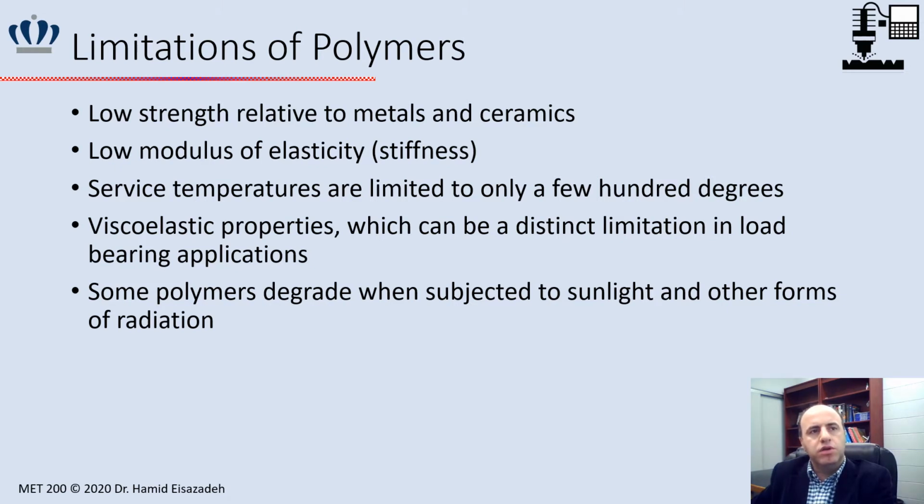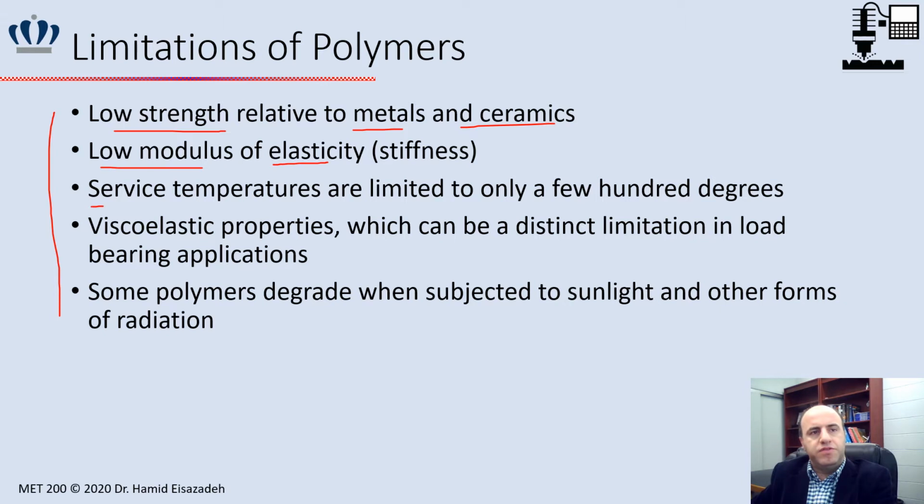have the following limitations. First, as we mentioned before, they have low strength relative to metal and ceramic. They have a low modulus of elasticity, which is the stiffness. But in the case of elastomers, this might be a desirable characteristic.